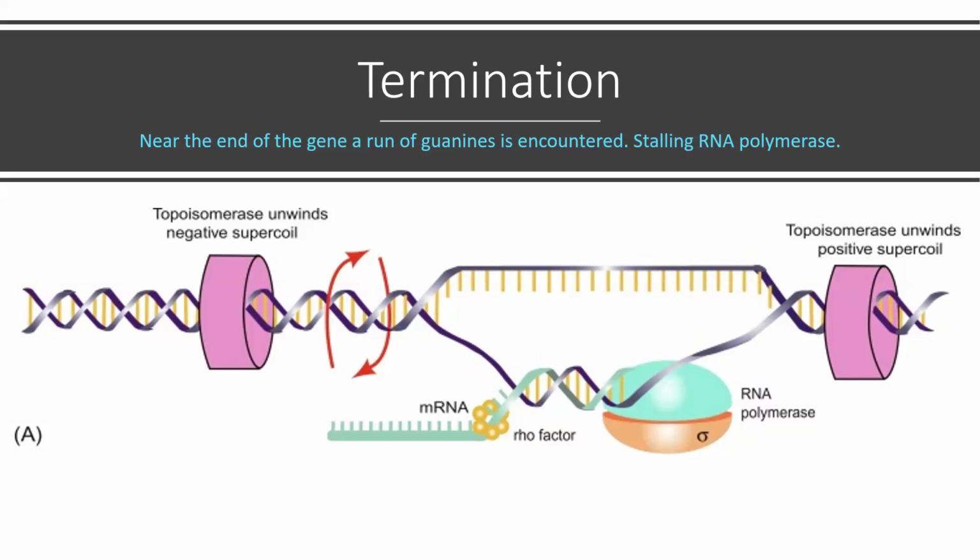And so then Rho is going to actually catch up and bounce the RNA polymerase off of the DNA. So essentially, with rho-dependent termination, the RNA polymerase slows down, and then Rho bumps it off of the DNA.